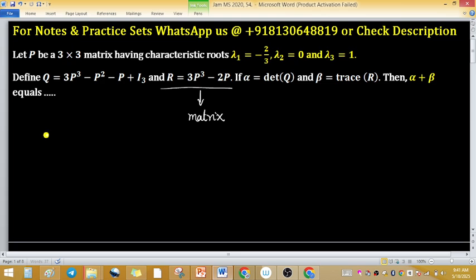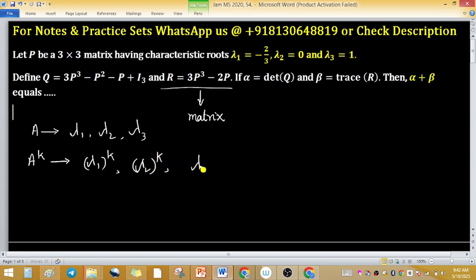To solve this problem, first we recall some facts related to it. Let the eigenvalues of matrix A be lambda 1, lambda 2, lambda 3. Then the eigenvalues of a power of matrix A will be lambda 1 raised to the power k, lambda 2 raised to the power k, and lambda 3 raised to the power k.